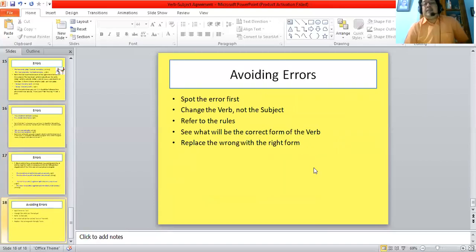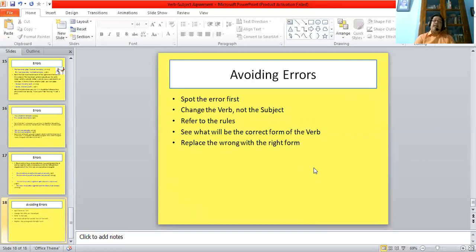Now, what should we do to avoid the errors in subject verb agreement? By now, I think you have got a fairly clear idea that the subject has to agree with the verb in person as well as in number, and there are certain clear-cut rules about this agreement, and certain exceptions also.